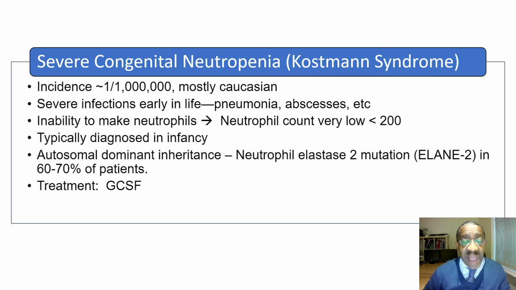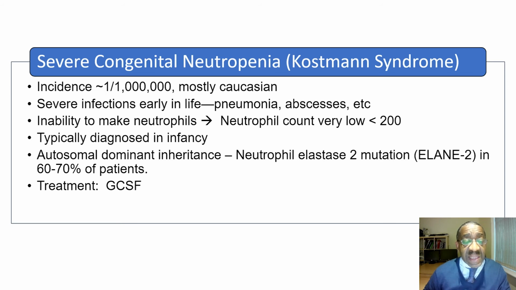There's a complete inability to make neutrophils, and most of the time the neutrophil count is very low, less than 200. It's probably the equivalent of a red cell aplasia of a congenital type.